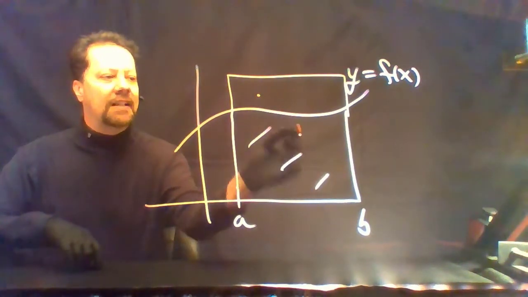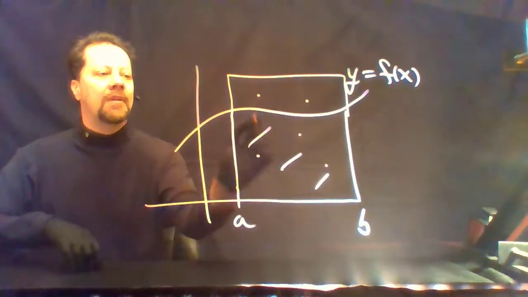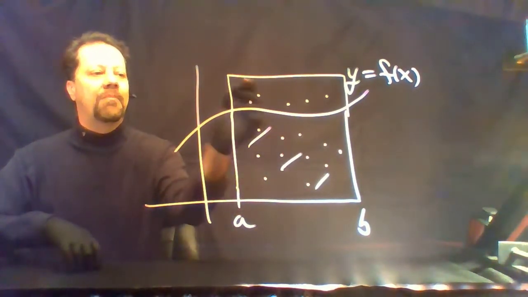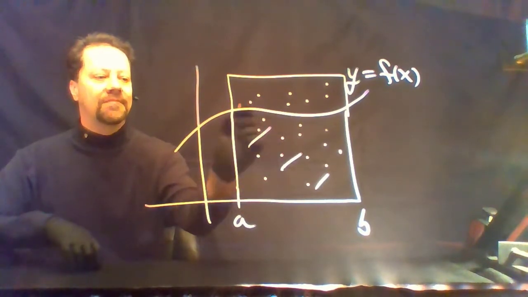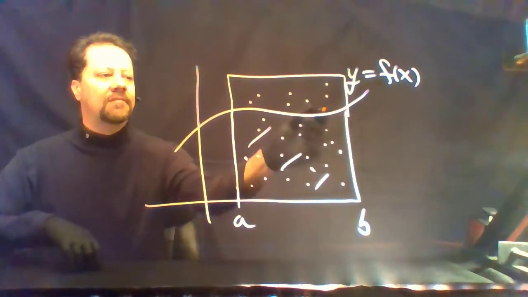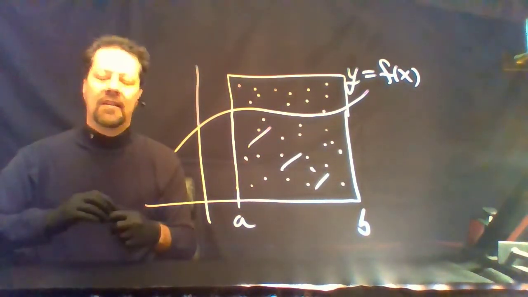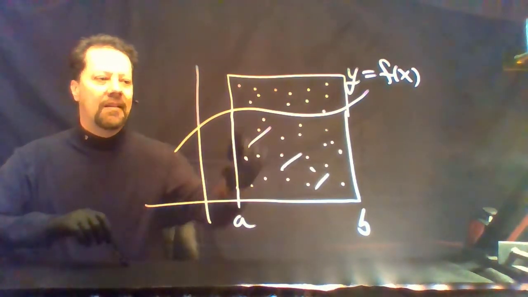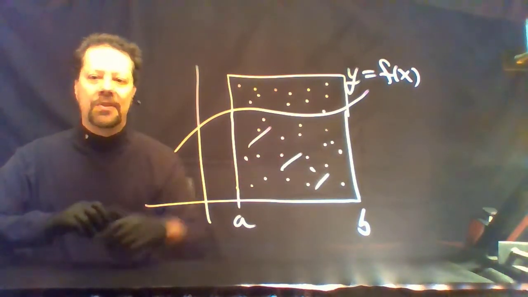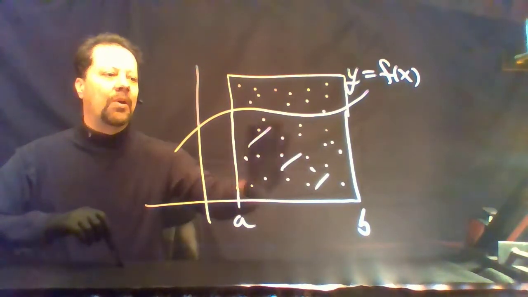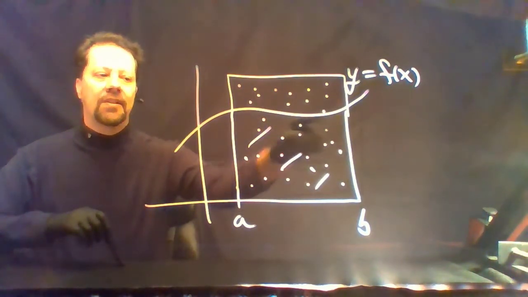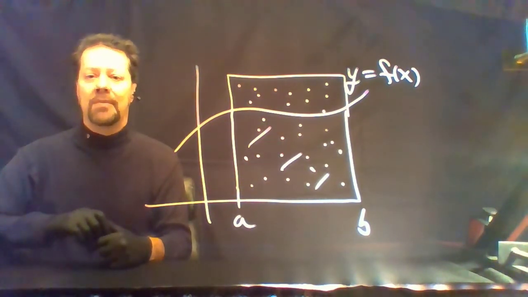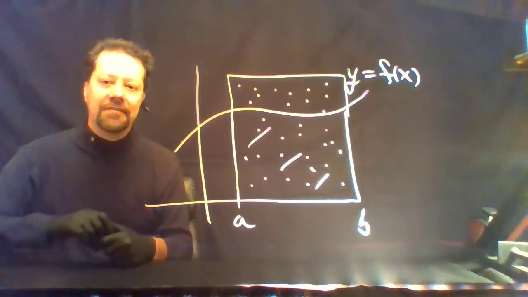If we were to select points at random using some kind of a random point generator, suppose we selected 100 random points and 62% of them were below the curve but above the x-axis. 62% of them lie in the undergraph.